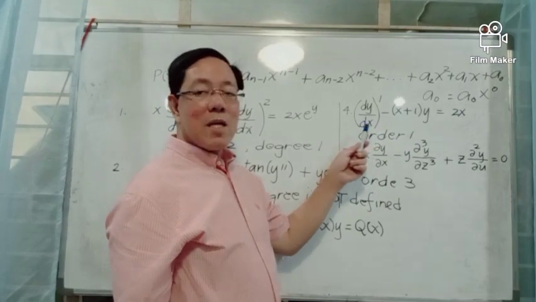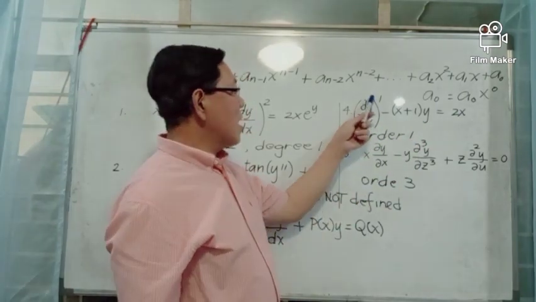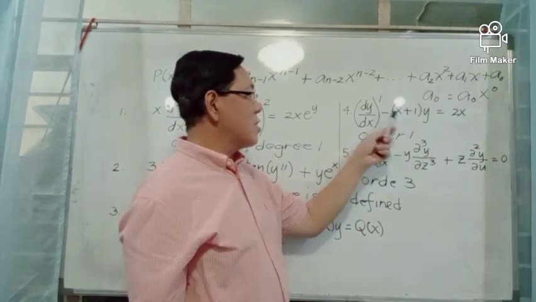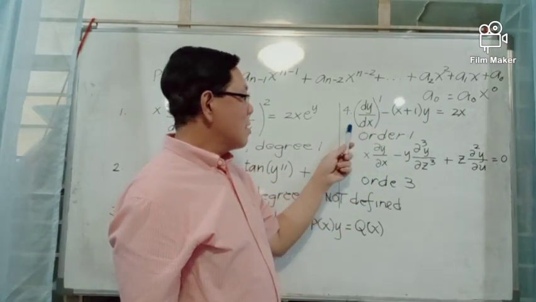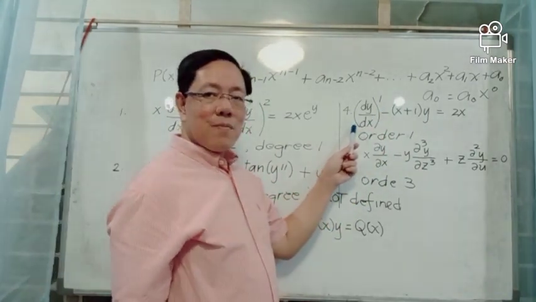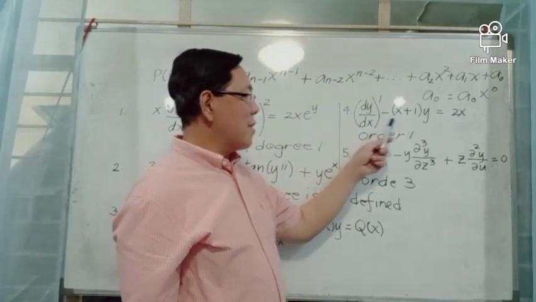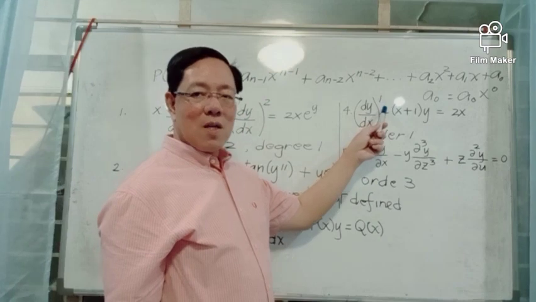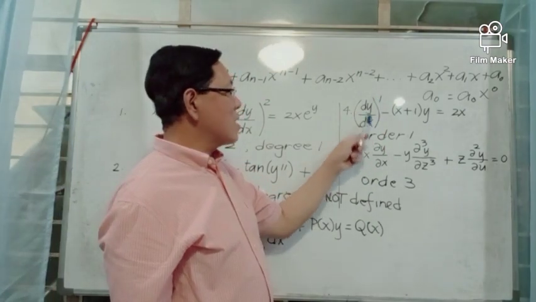And in a linear differential equation, the exponent of the highest derivative that appears is 1. So this ordinary first order linear differential equation has degree 1 because 1 is the exponent of the highest derivative.